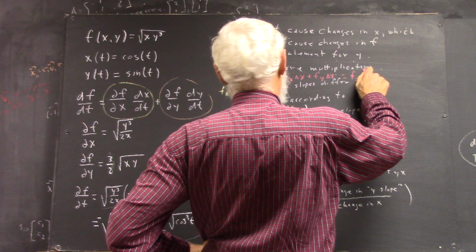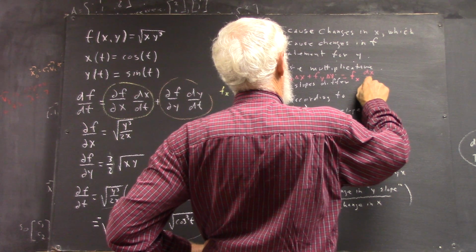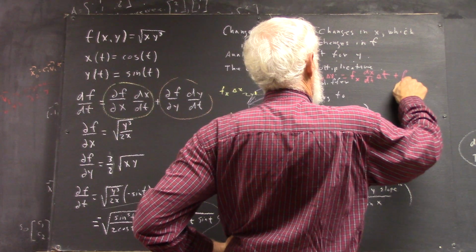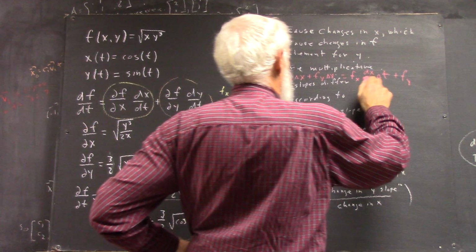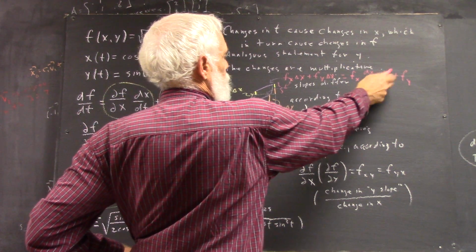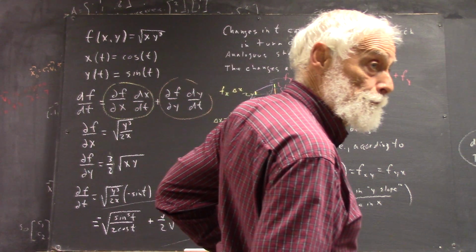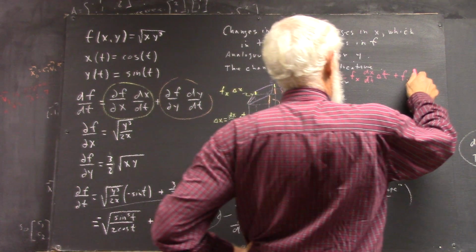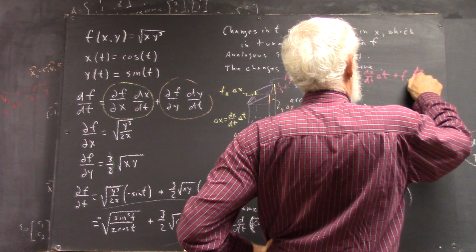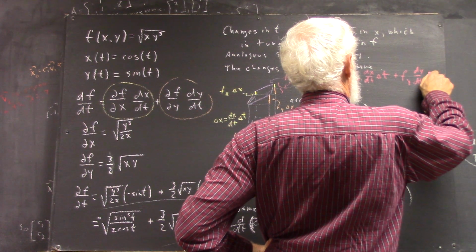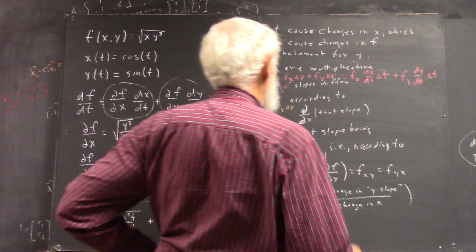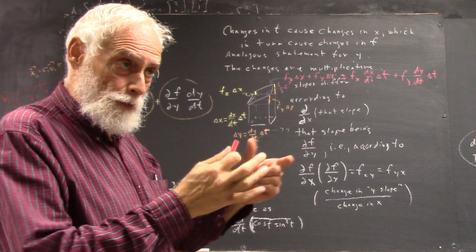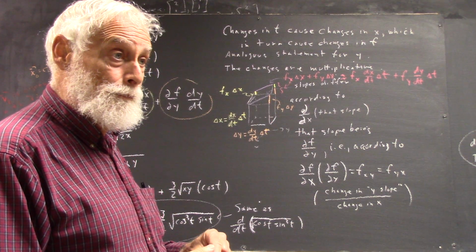which equals fx times delta x being dx dt delta t, right? Hope I'm getting this on camera. And fy times dy dt delta t. And this is approximate to the extent that your intervals are all small, right?